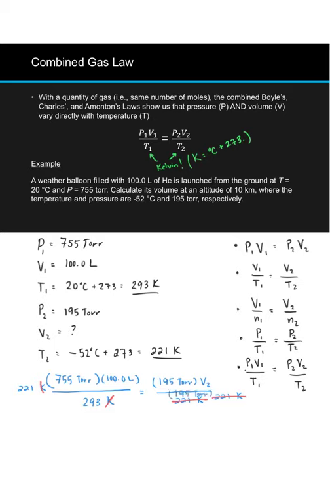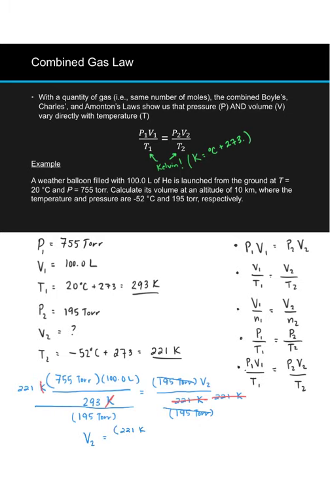So we'll put this quantity in the denominator on both sides. And when we do so, we'll solve for V2.